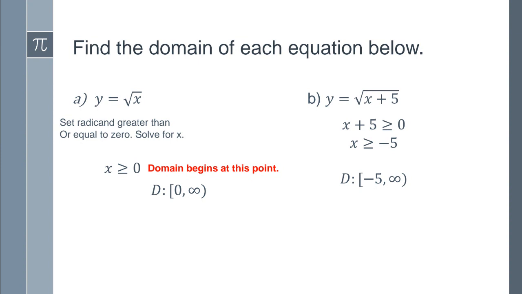But if I use -6, then -6 plus 5 will give me a -1. Cannot use that one. So the values that I can use are from -5 to positive infinity. I can use -4, -3, -2, -1. Okay. So again, in interval notation it is bracket -5 all the way up to positive infinity. Okay. Questions?